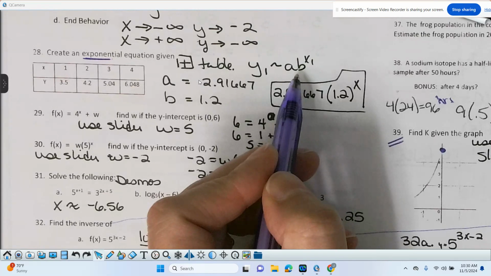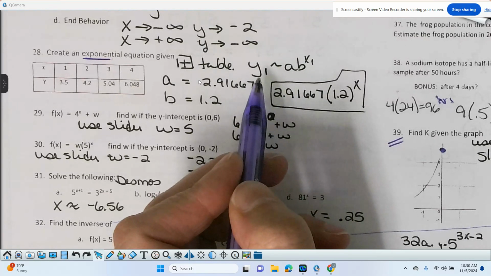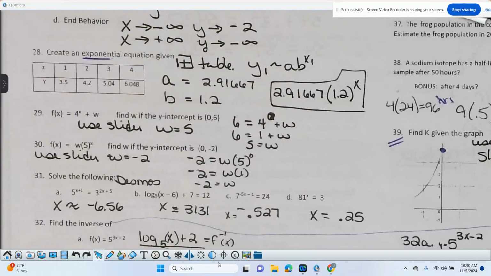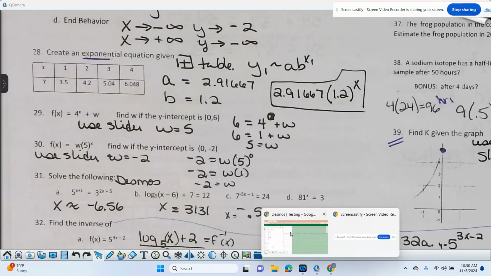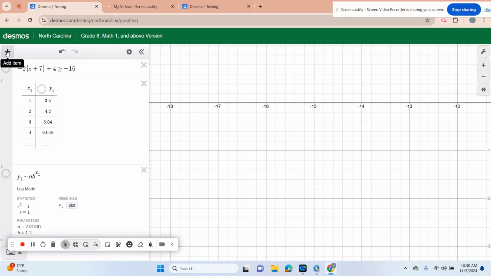But you'll notice that I have an x sub 1 and a y sub 1 here, because you're going to notice when I switch now and go to my Desmos screen, that it's actually going to show you, all right, so I actually went to that plus and hit the table, and it gave me a table. I filled in the values that were there.